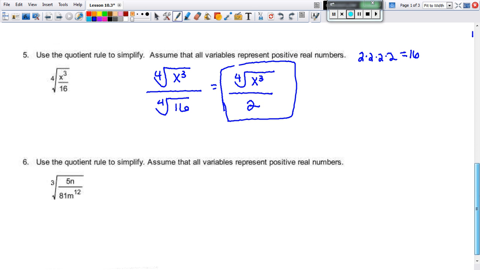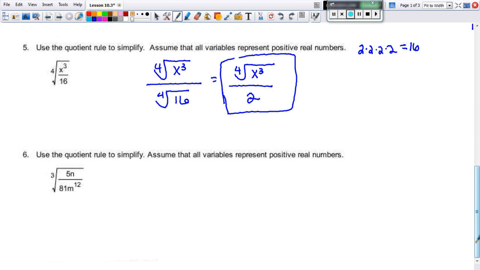Okay, number 6. The cubed root of 5n over the cubed root of 81m to the 12th. Okay, let me show you something here.